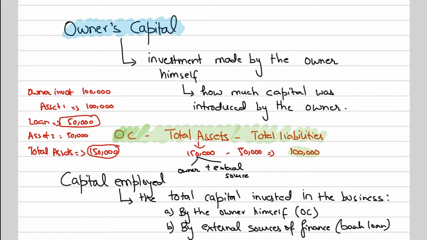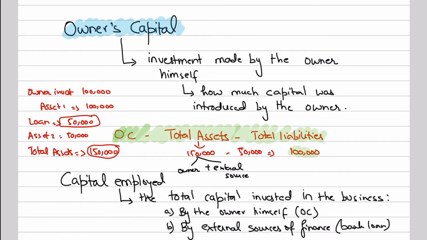So we conclude that out of 150,000, only 100,000 of the assets are those that the owner has financed himself from his own money, which is actually representing what? It is representing the amount of investment that the owner had initially made, and from that 100,000 he had bought the assets. So the amount of assets that the owner has financed from his own money is actually representing the amount of investment that the owner had made into the business.